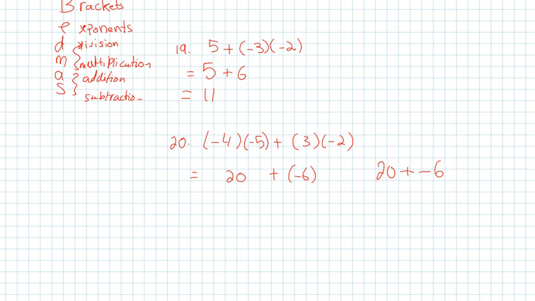This one has too many signs after each other. What happens when I have a positive and a negative? I get a negative. And what's 20 minus 6? Is this something hard, or do you just need to do a few examples and you'll get used to it? A few examples and you'll get used to it. Good.